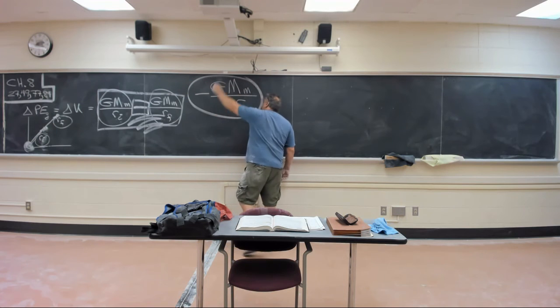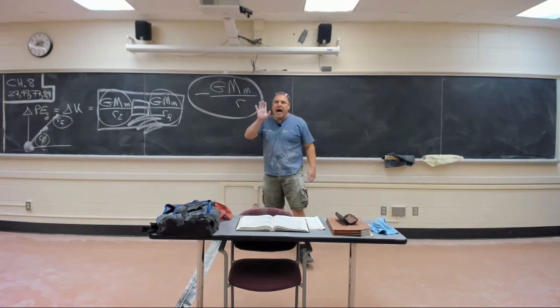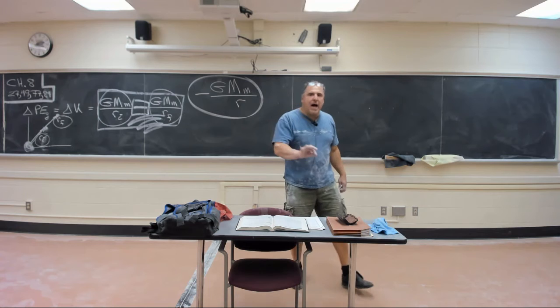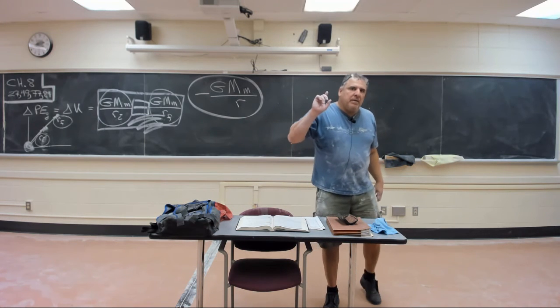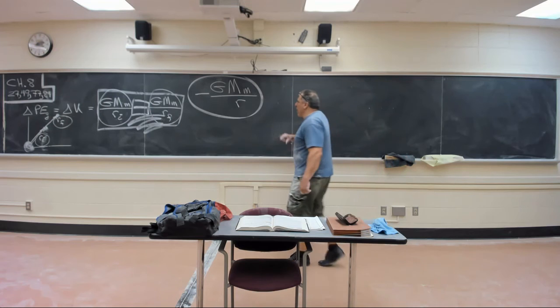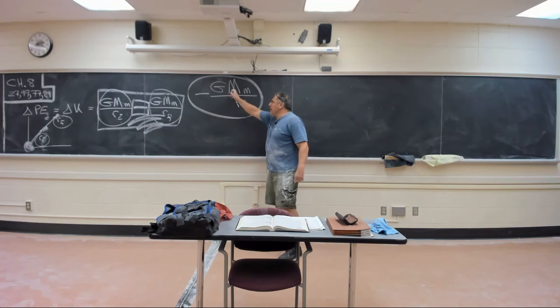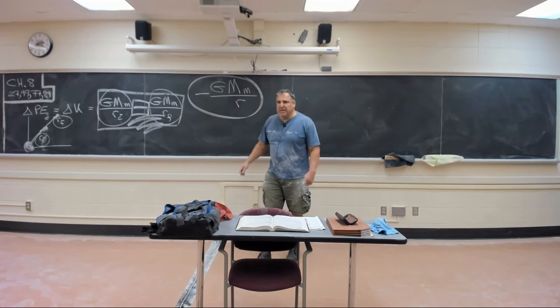They said that's the potential energy of one object, small m, in relation to a big object, big M, when the center of mass of the small object is R units away from the center of mass of the big object.